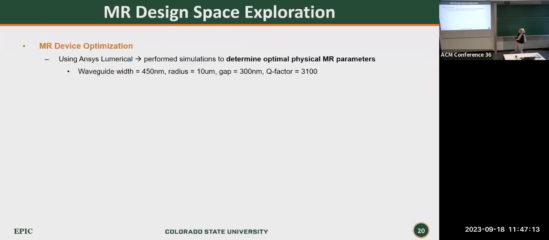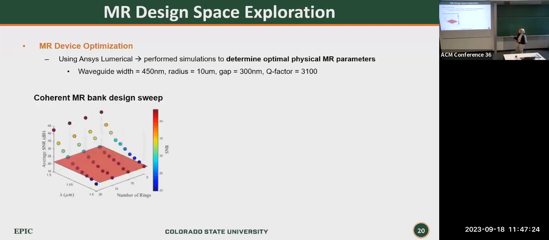Another optimization on the device level is the MR device optimization. We use a numerical tool to determine the optimal physical MR parameters as shown here. And we also did several design sweeps, one for the coherent MR bank design, which was used in our reduce units.